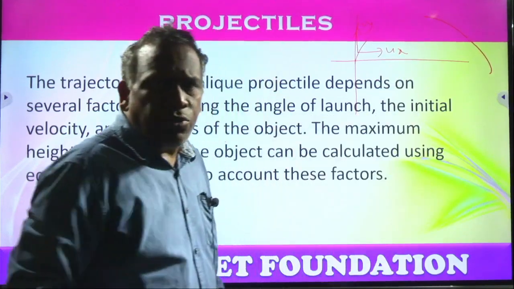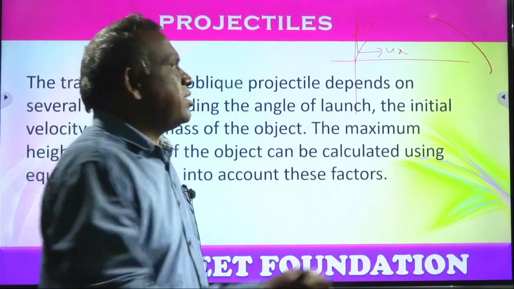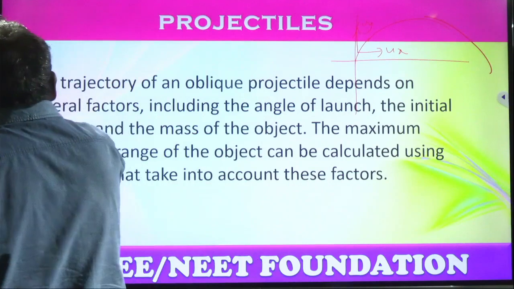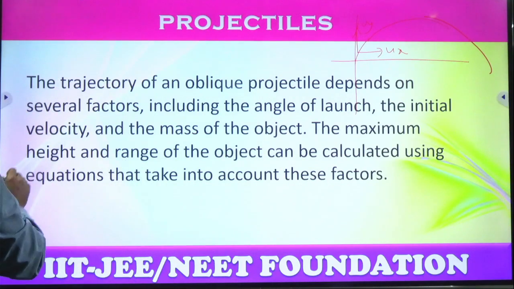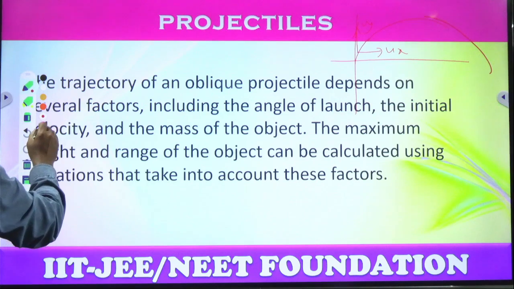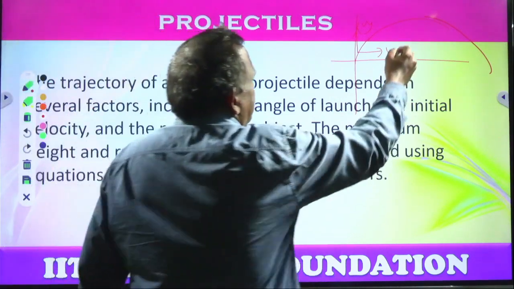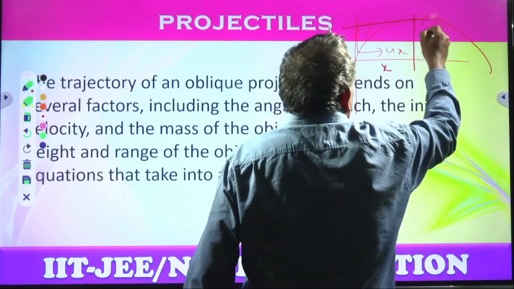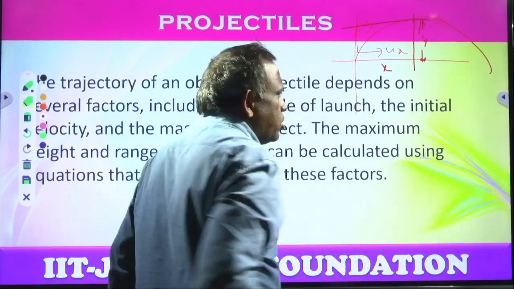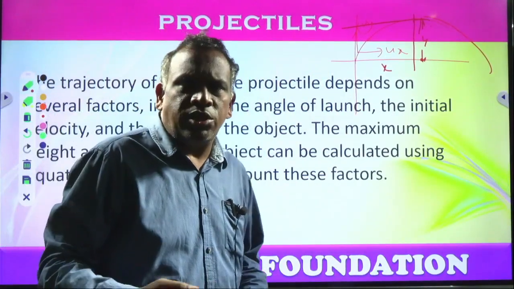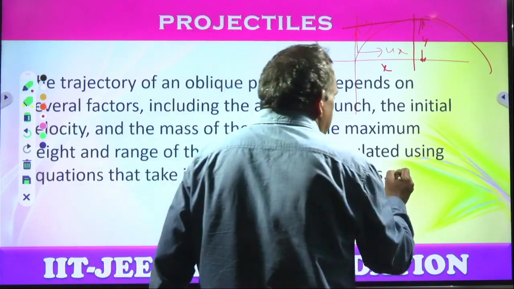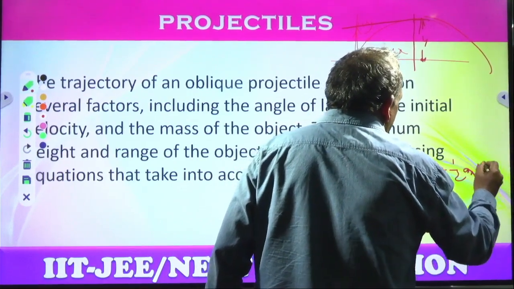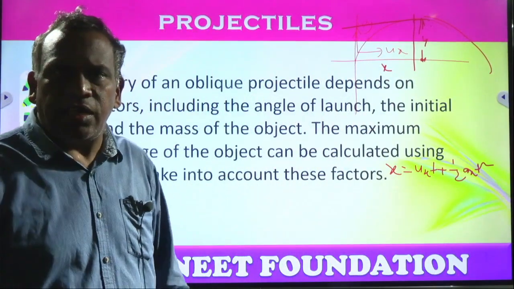Now if you take the displacement along the x-axis, a certain distance is travelled here. Along the x-axis it is x and along the y-axis it is y. According to the equation of kinematics, displacement x is equal to ux t plus half ax t square.